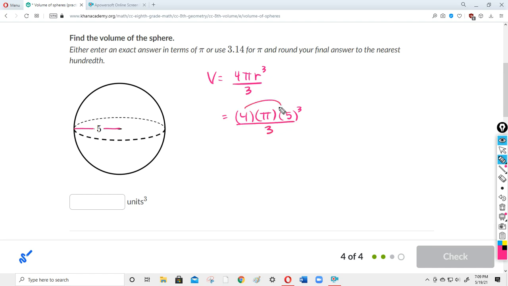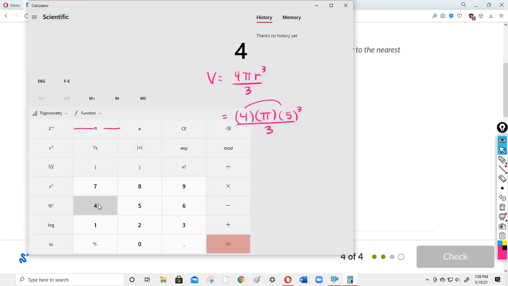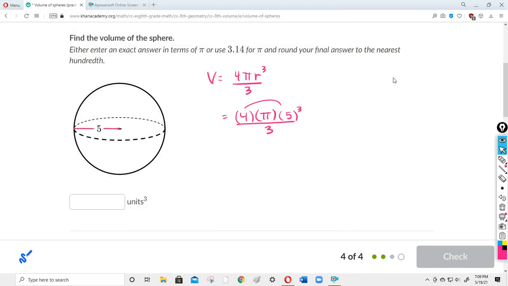So we'll do 4 times 5 to the third and leave pi alone. Four times 5 to the third. Okay, that's going to be 500. In the numerator, we have 500. We still have pi. And the whole thing is divided by 3.